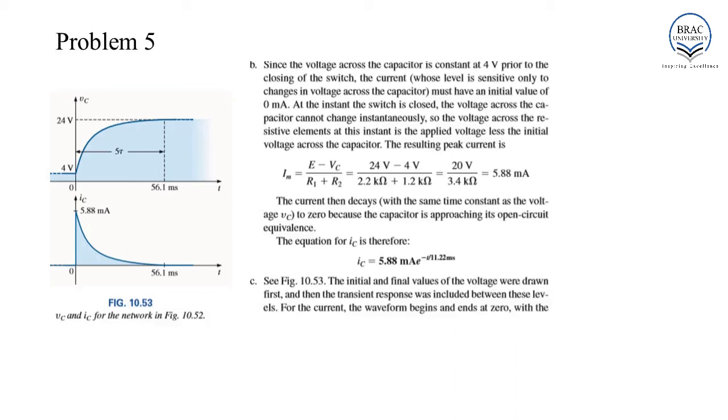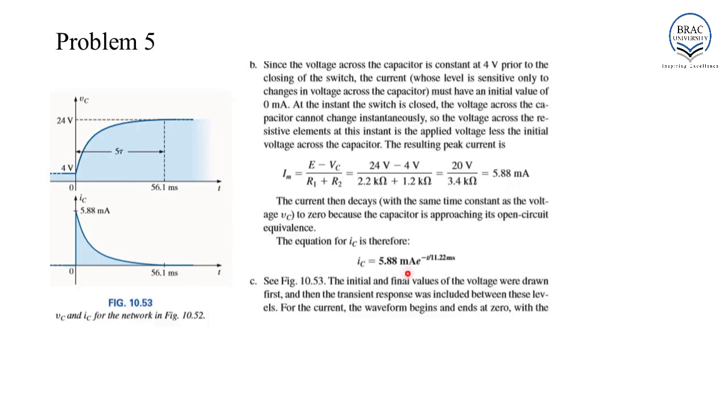So the voltage across the resistive elements at this instant is the applied voltage, which is less than the initial voltage across the capacitor. The resulting peak current is Im equals (E minus Vc) divided by (R1 plus R2), which is equal to 5.88 milliamperes.